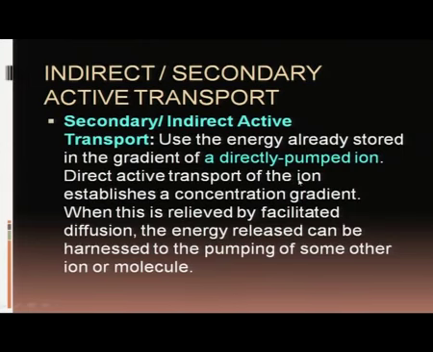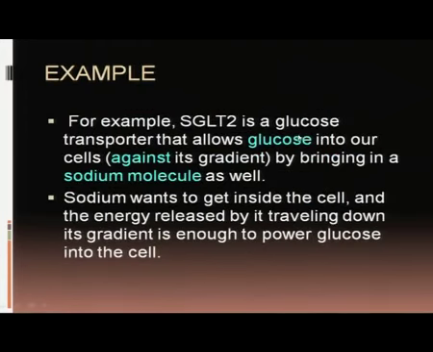Direct active transport of the ion establishes a concentration gradient. When this is relieved by facilitated diffusion, the energy released can be harnessed to pump some other ion or molecule. Example, glucose and sodium transport. Sodium wants to get inside and the energy released by its transfer will be used to transport the glucose.